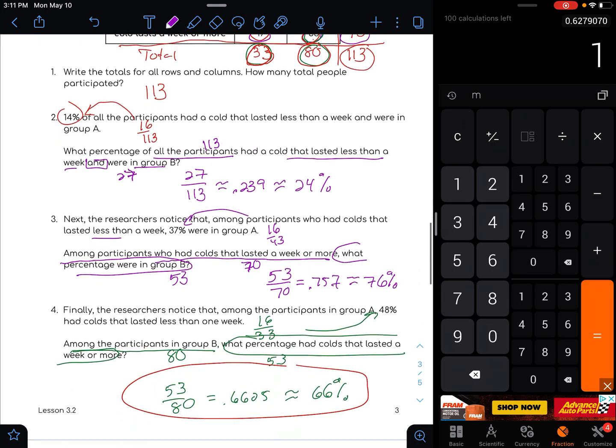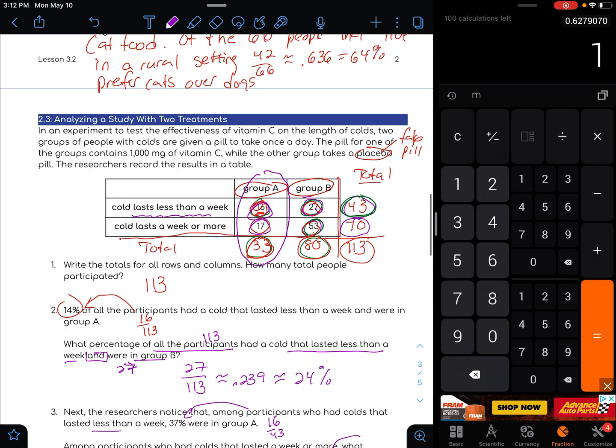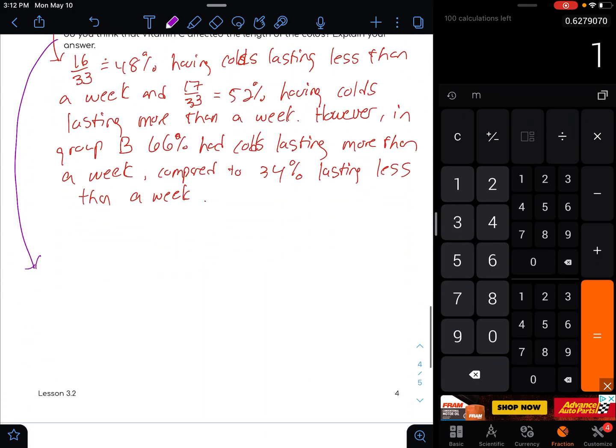So it seems like the vitamin C pill was maybe given to group A because there's a much smaller percent of people that had colds that lasted more than a week. And in group B, there was a much larger group that had colds that lasted more than a week.